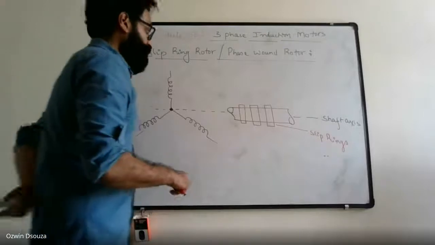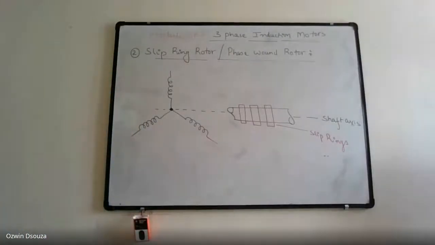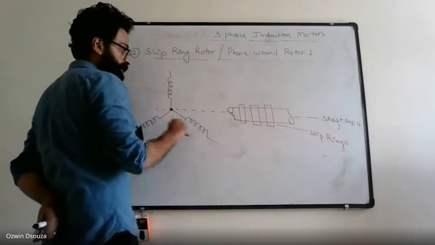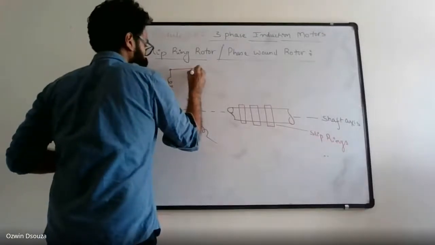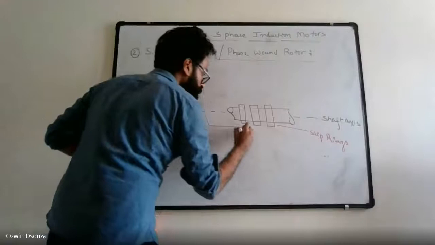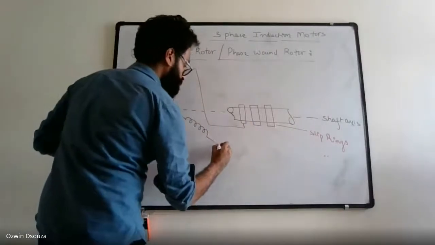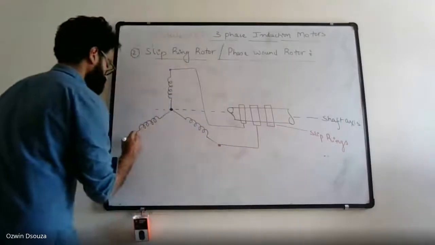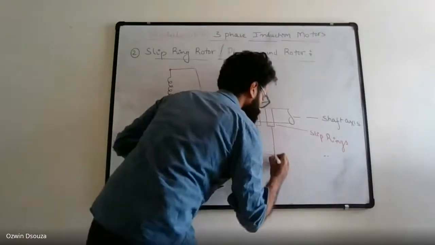Now, one end of each slip ring is connected to the rotor winding. So, for example, this is connected to this, this is connected to this, and this is connected to the third slip ring.